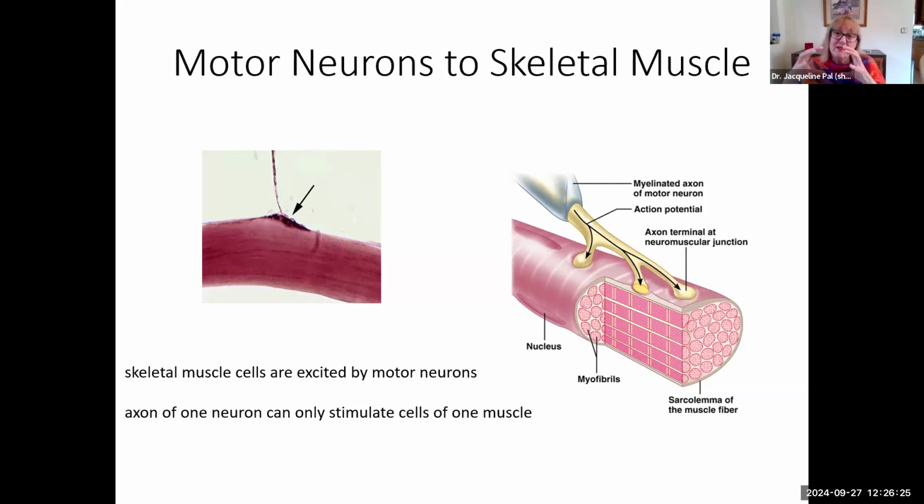You saw how the muscles were in groups. The entire muscle itself is surrounded by connective tissue, and each muscle has its own nerve. And in that nerve, we're going to have distinct neurons. And so that neuron is part of the nerve going to that muscle.